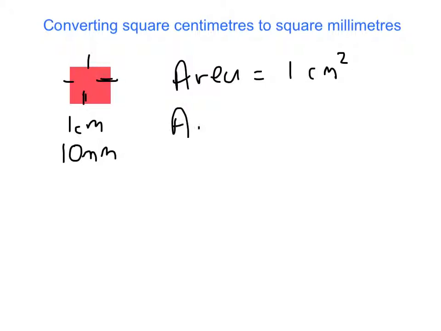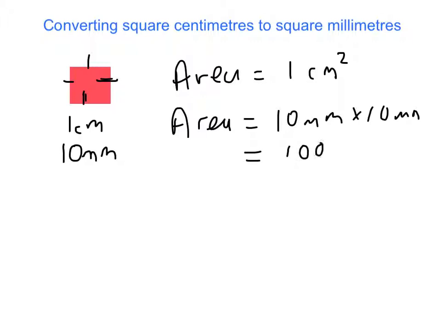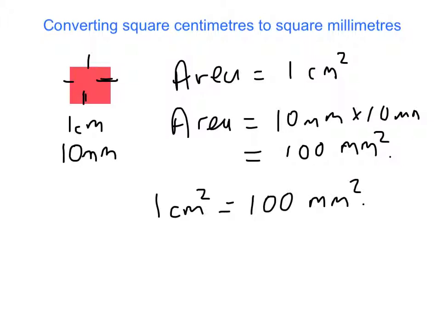So the area is 10 millimetres multiplied by 10 millimetres, which is 100 square millimetres. So we can see that 1 square centimetre is exactly the same as 100 square millimetres. To convert from square centimetres to millimetres squared, we simply multiply by 100.